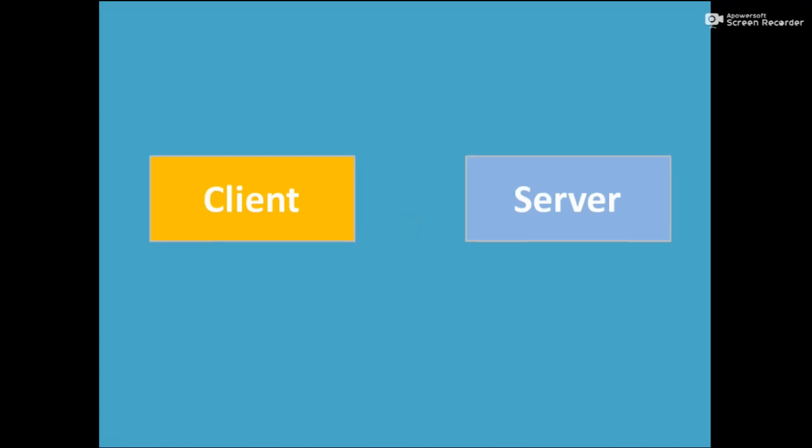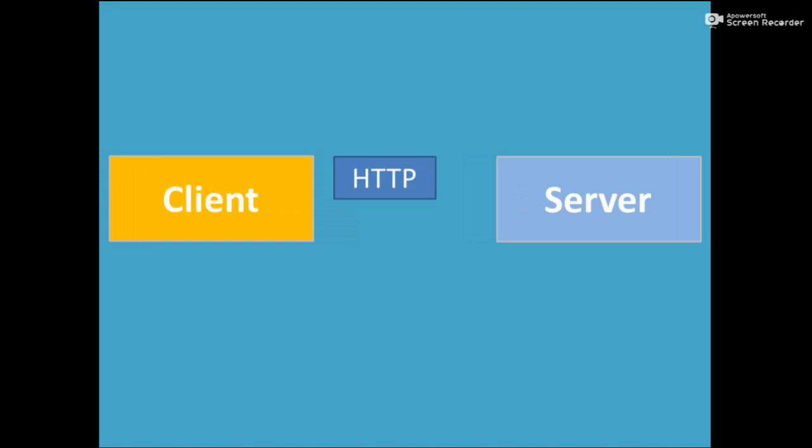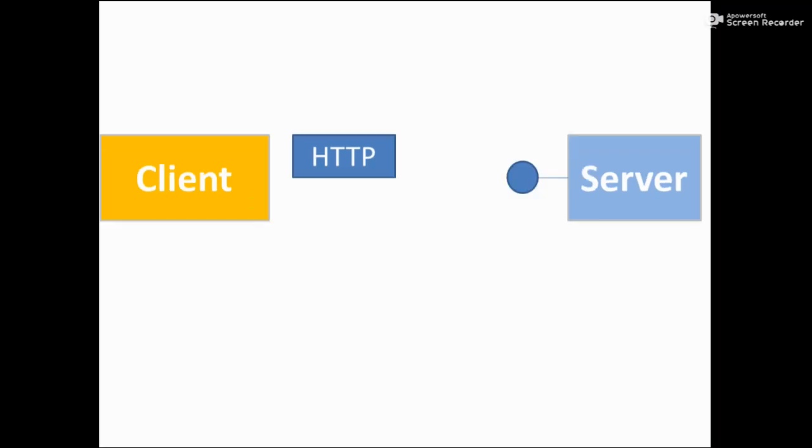This communication happens using the HTTP protocol, the same protocol that powers the web. On the server we expose a bunch of services that are accessible via the HTTP protocol, like this. The client directly communicates with the server using the HTTP protocol by sending requests.